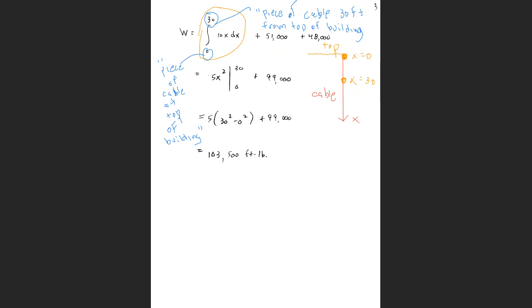The Riemann sum was 10 times xi times delta x, and that just becomes 10x dx when you do your integral. And so it turns out that the amount of work is going to be 103,500 foot-pounds.